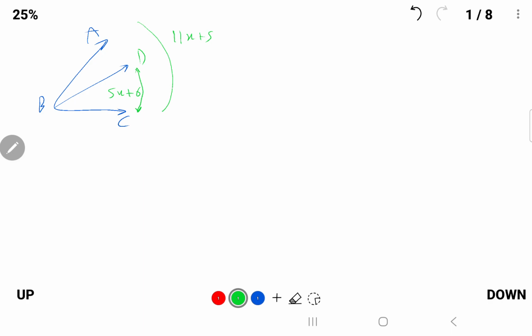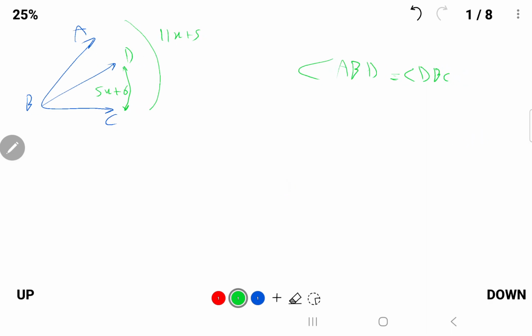We need to find angle ABD. Now first, angle ABD is congruent to angle DBC. So if we find angle DBC, we can find angle ABD.